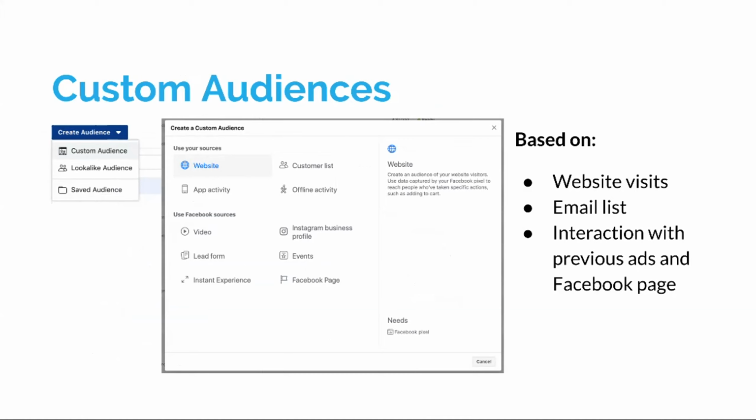If you have a little bit of code installed on your website called the Facebook Pixel, something I'll cover a bit more later on, then you can set up a custom audience, so ads are shown to people that have already visited your website within a certain number of days. I think you can set it up to about 180 days, and you can also set it for people that have just visited a particular page.